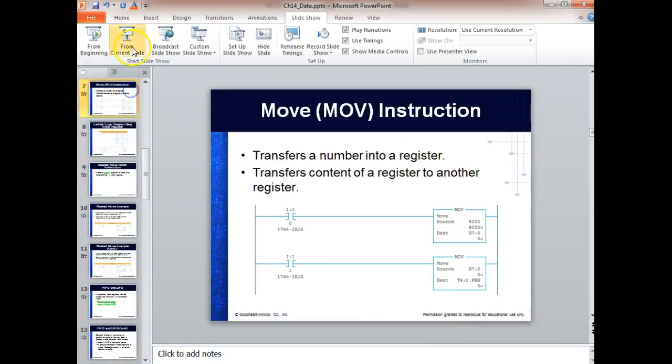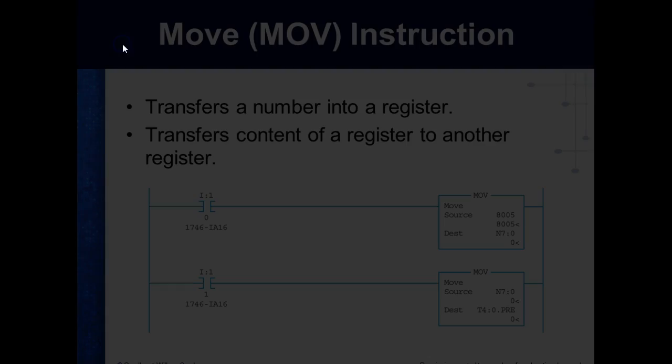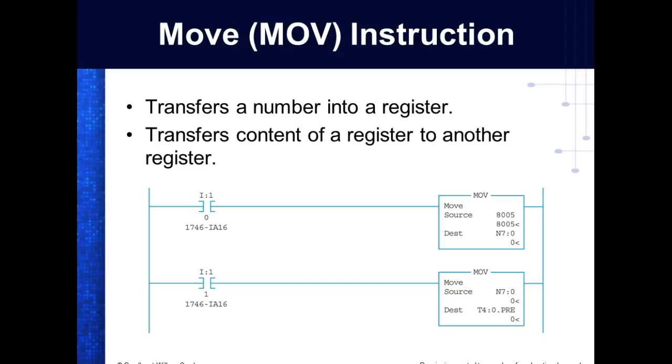So I think we've already dealt with the move instruction, but this would be considered a data handling instruction. The move instruction consists of two things. It consists of a what? A source and a destination.